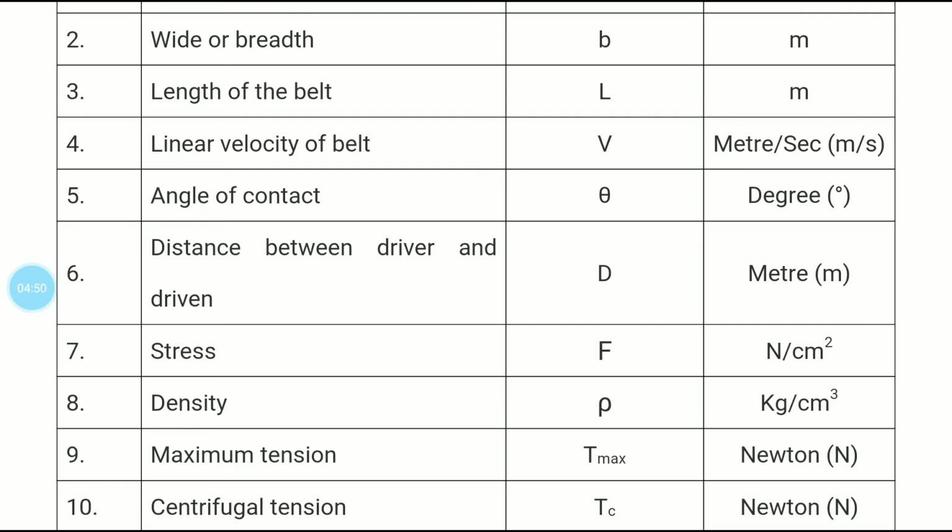That distance is known as capital D. That is in meter. Again I am telling, the distance between the centers of the driver sheave and the driven sheave is the distance between driver and driven, denoted as capital D.